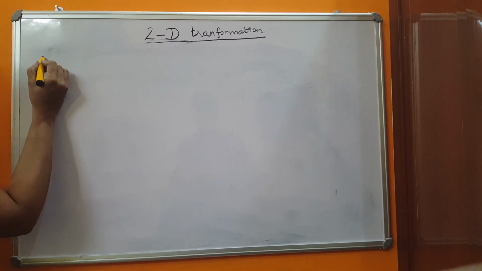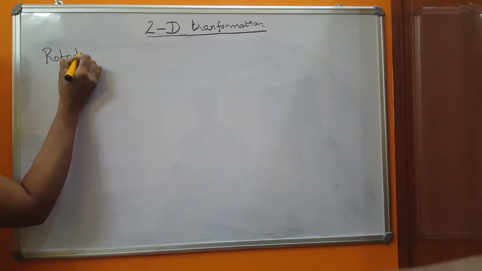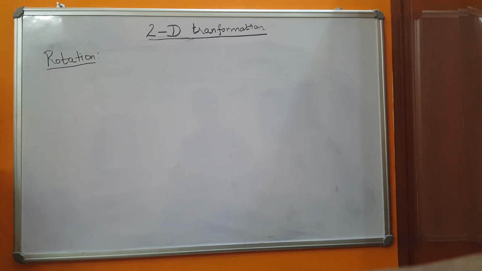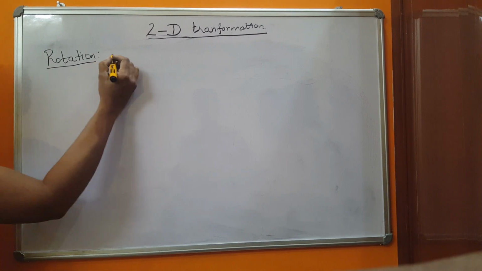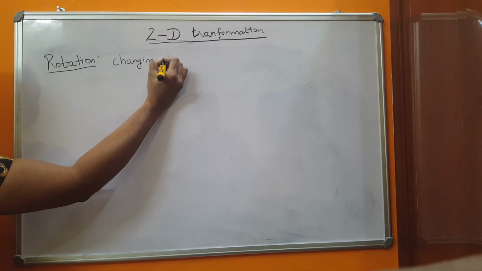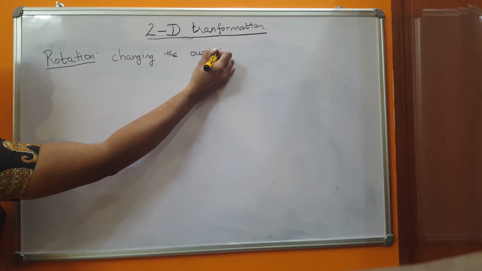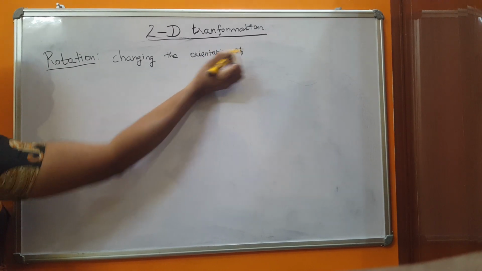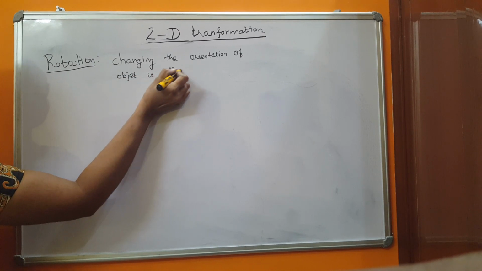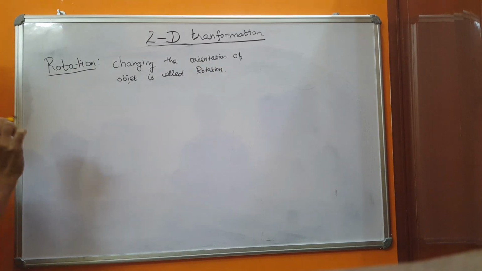Next we see about rotation. The process of changing the orientation of object is called rotation. So rotation means changing the orientation of object.